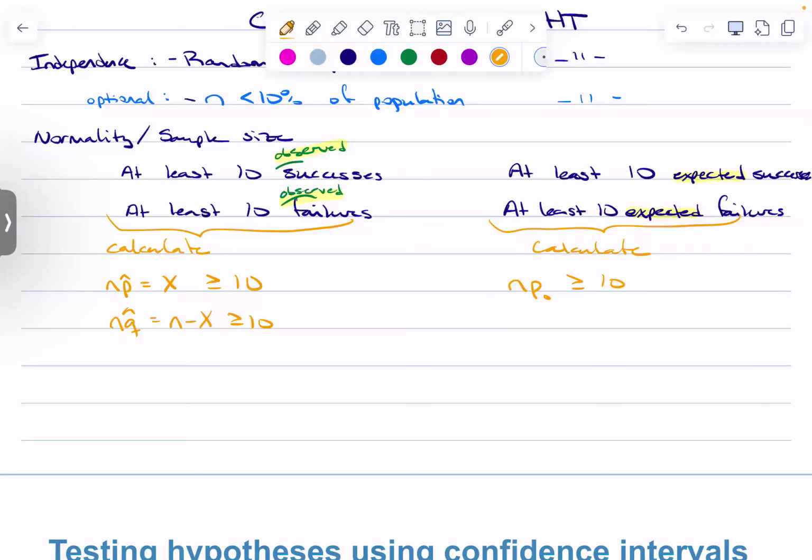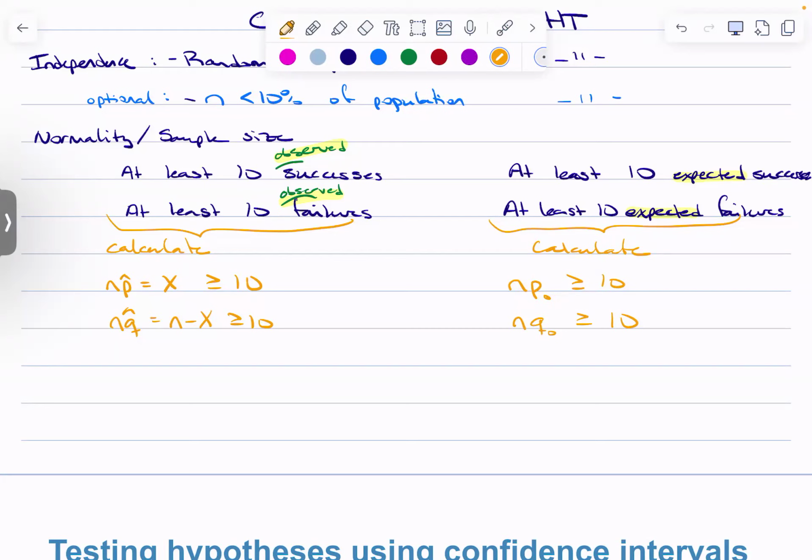I need to have a sample size large enough to detect this proportion that I'm trying to talk about, right? And so the change being that it has to be about p naught, whereas n times q naught is the expected number of failures.